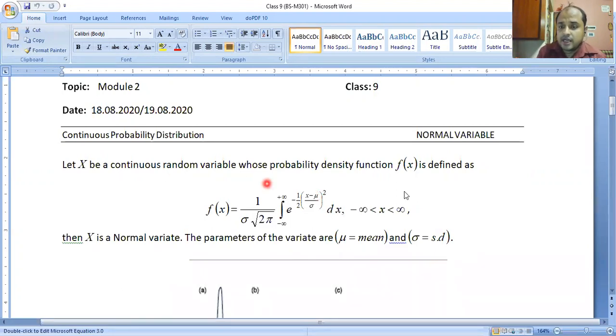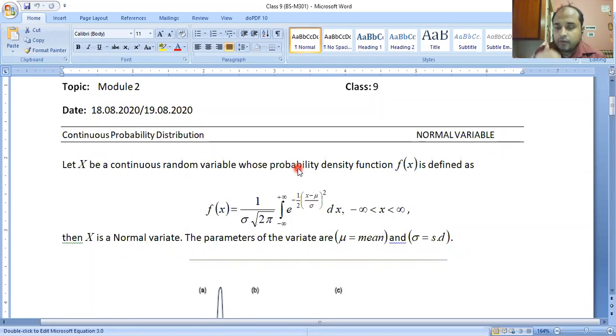Normal variable is a continuous case because its range is from minus infinity to plus infinity. One parameter is mu, which is called the mean, and another is sigma, which is called the standard deviation. So if mu and sigma are known, you know the nature of the normal variable.